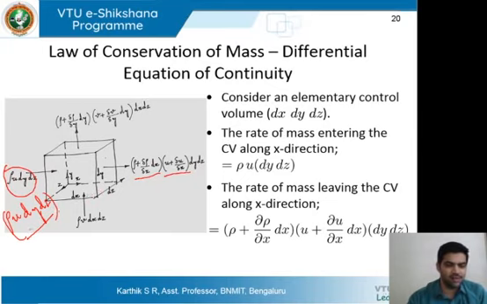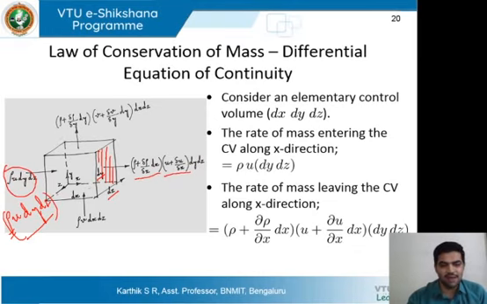What we have done here is just written the continuity equation, which is rho A V: rho, density, and area in the x direction, so that is this area, dy into dz. So it will become rho times u velocity into area, which is dy dz.